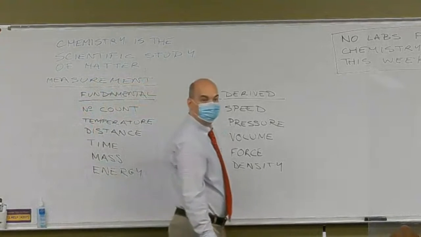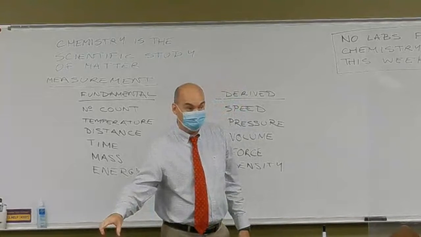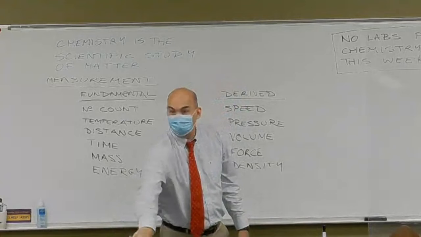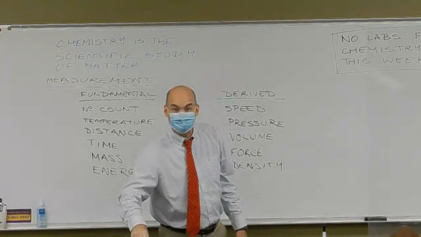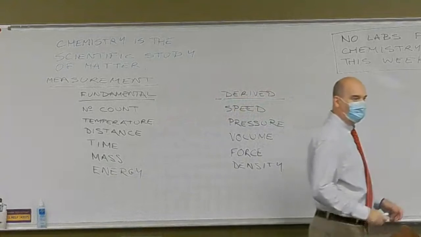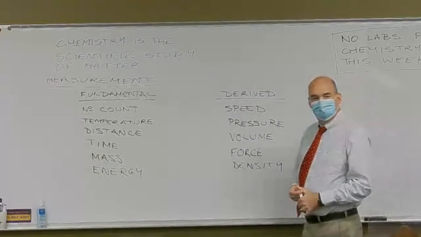There's an object. It's a geometric shape, right? That's a rectangle. That's a rectangle. That's a rectangle. This is a geometric shape. How would we express its volume?